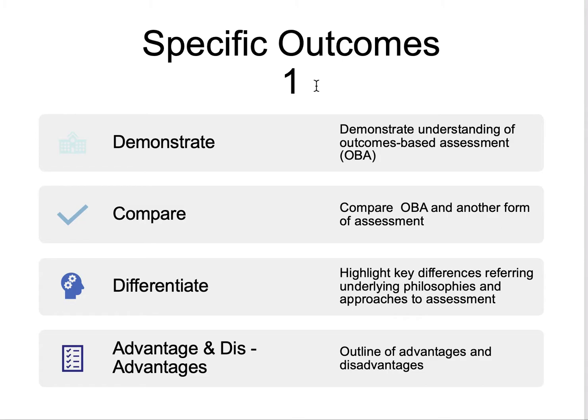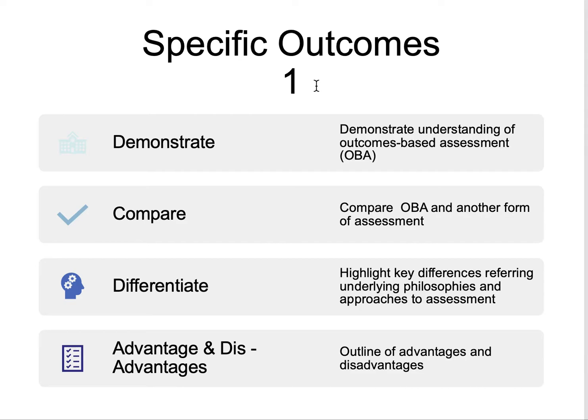In your comparison, you need to be able to differentiate. So as you're comparing OBE to content-based assessment for argument's sake, you need to be able to highlight what are the key philosophical differences. What are the approaches, what type of approaches do they take to assessment?